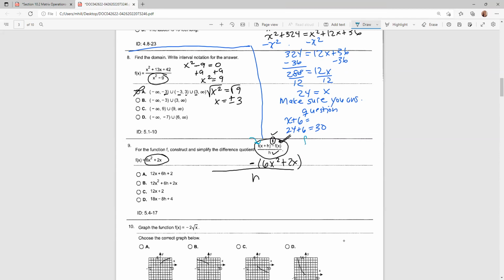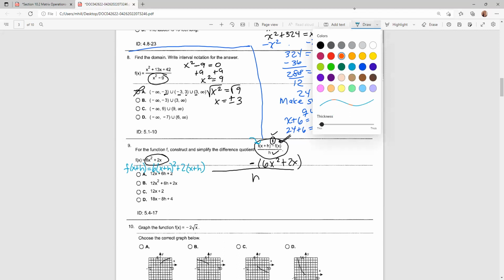And I'm going to come down here and write it. F of x plus h. Is everybody okay so far? So all they're asking me to do is wherever I see an x, so 6 times, I put a big blank there, plus 2 times big blank. Wherever I see an x, I'm supposed to put in x plus h in that blank.